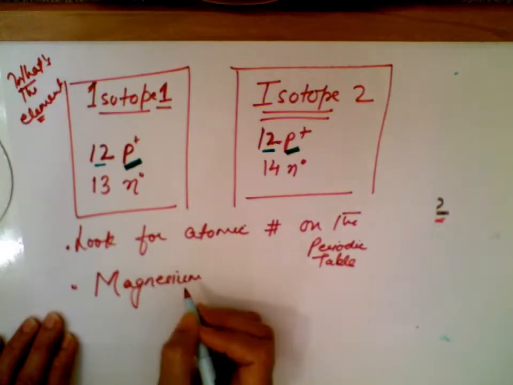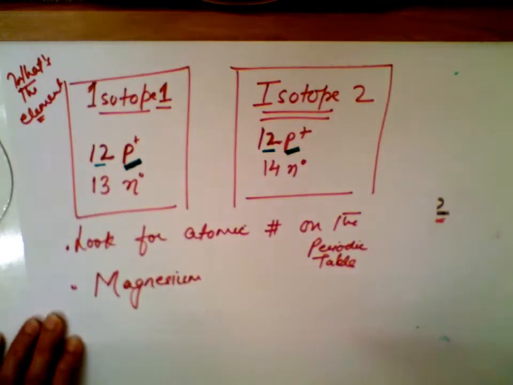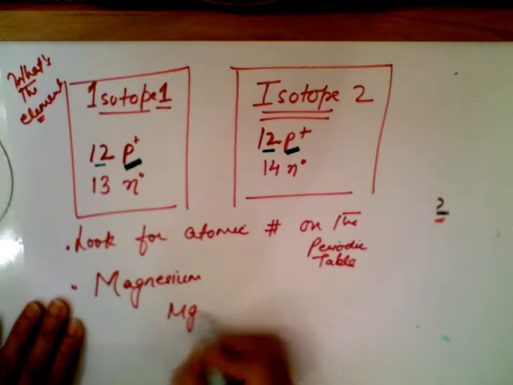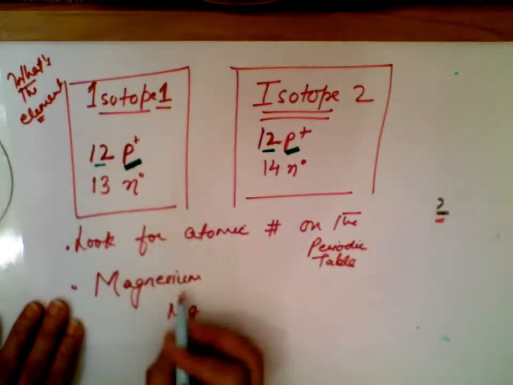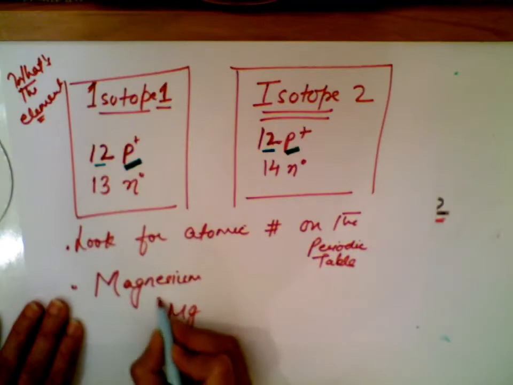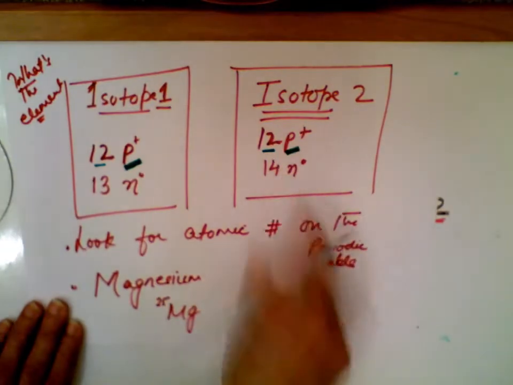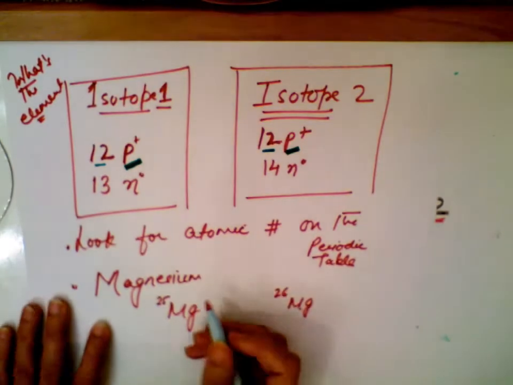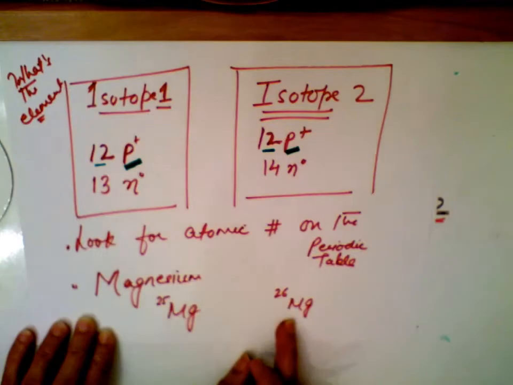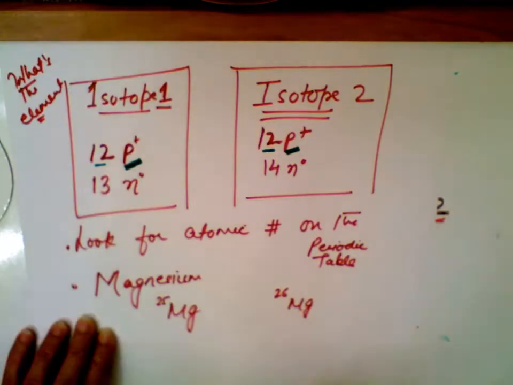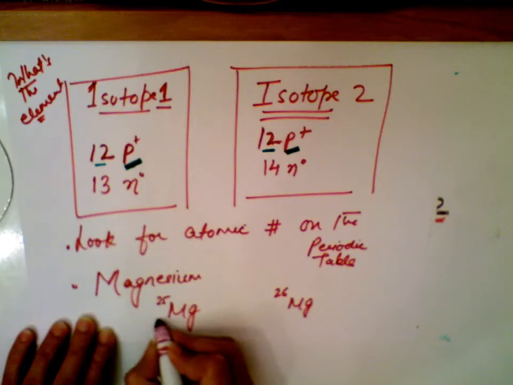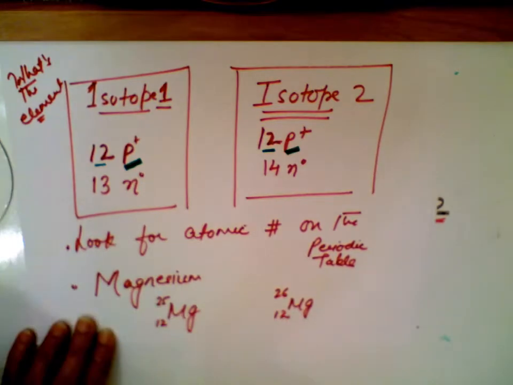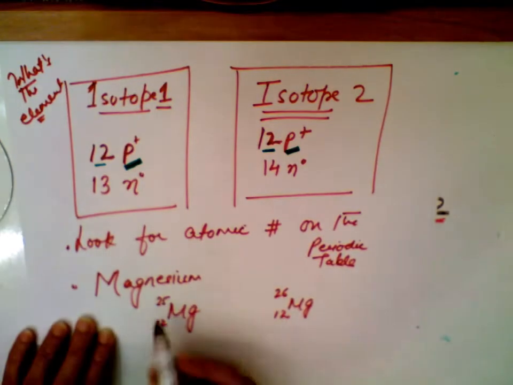Okay, so it is magnesium 25, because 12 plus 13, protons plus neutrons, gives you the mass number. And this one, when you add it, is magnesium 26. Now you might say, Miss, but there is no 25 and 26. You are right, there is no 25 and 26 on the periodic table. However, it is there in nature, because what you see on the periodic table is the one which is most abundant.